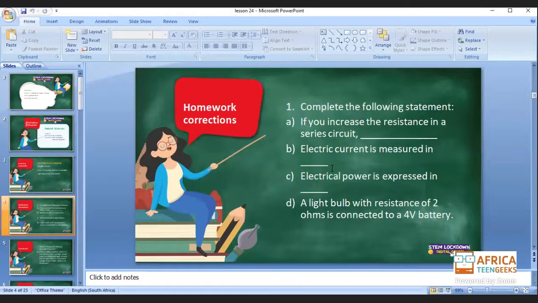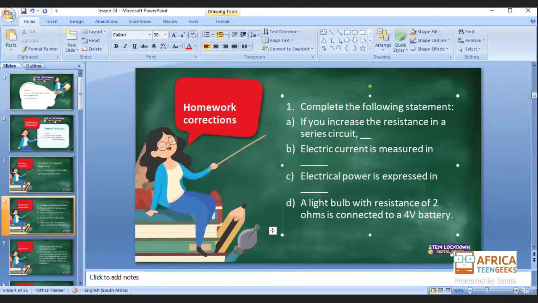On Friday I gave you homework, and you were just supposed to put in a correct answer. We said, complete the following statement: if you increase the resistance in a series circuit, what happens? The current decreases.